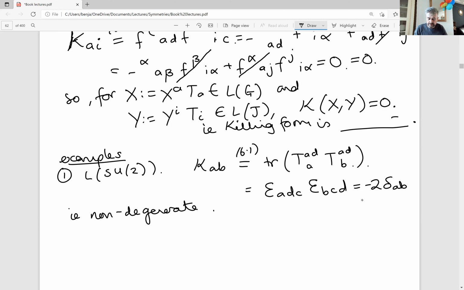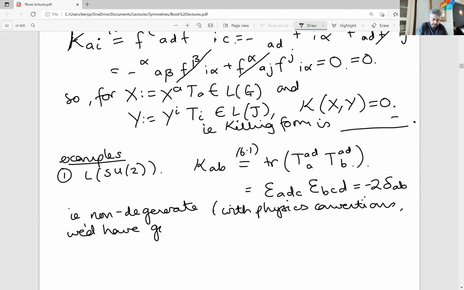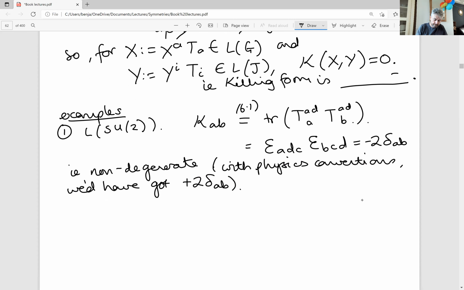Note that if we'd chosen physics conventions, we'd have had a couple of factors of i in here, because we absorb some factors of i, and one gets +2 delta_AB. Of course, if you take a different basis, you will get a different value in front of the Kronecker delta. So there's a non-degenerate example.